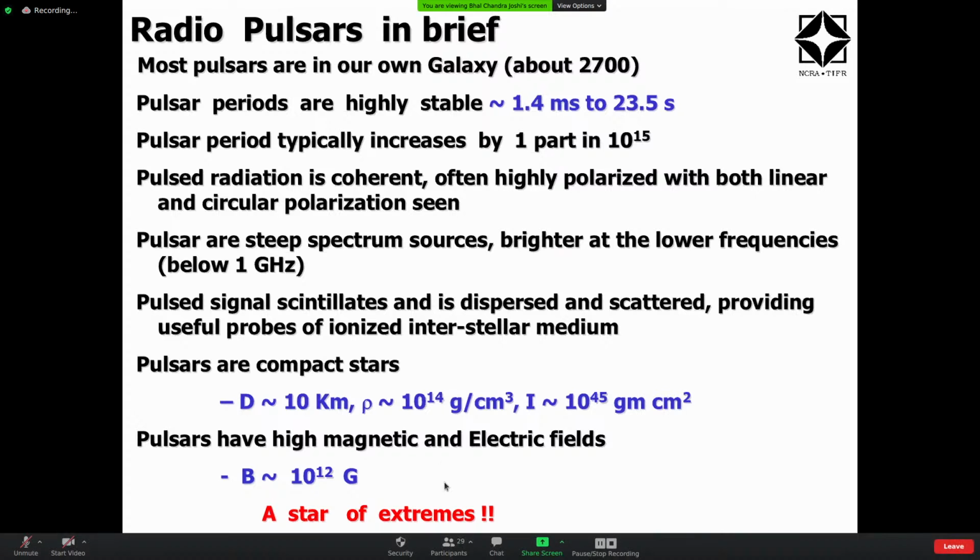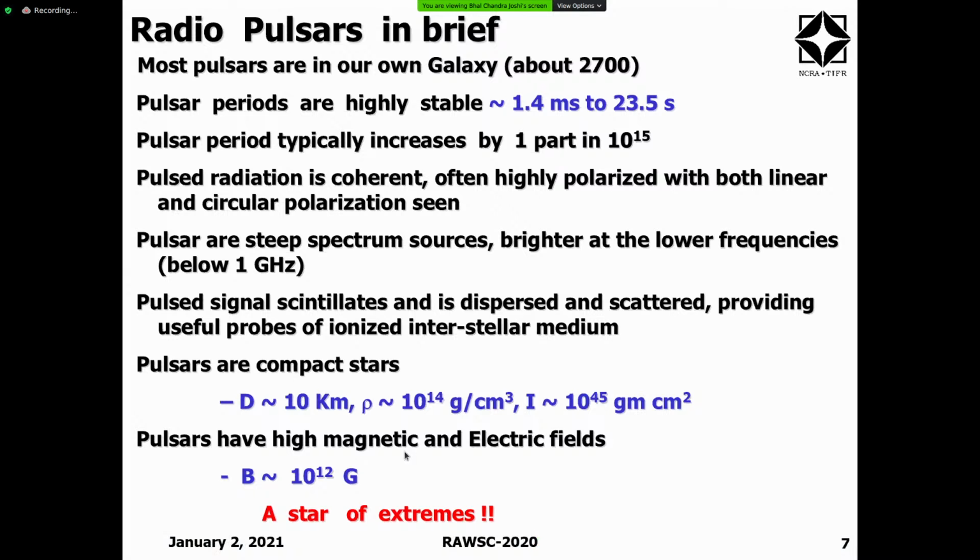They are very compact stars, 10 kilometers in diameter, with almost nuclear densities, 10 to the power 14 gram per centimeter cube, and a very high moment of inertia, about 10 to the power 45 gram centimeter squared, and so on.